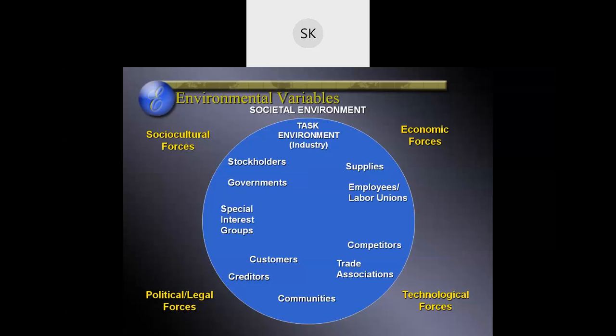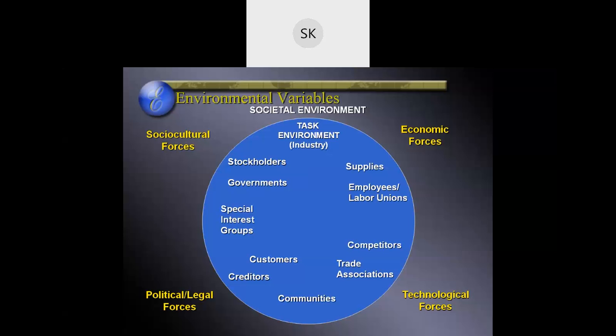First of all, this is the task environment at the industry level. Once you start the business, all of these are the task environment. You should satisfy them and get support from them, right?